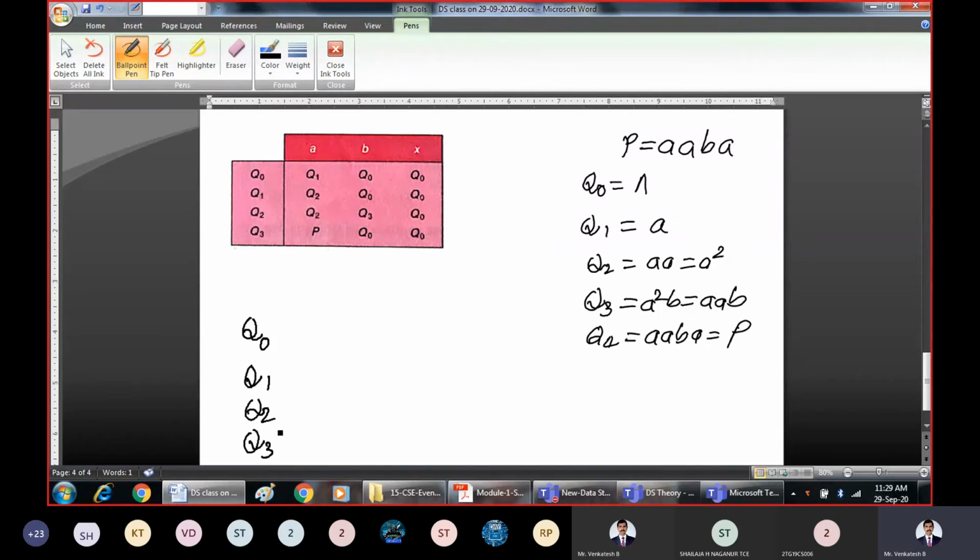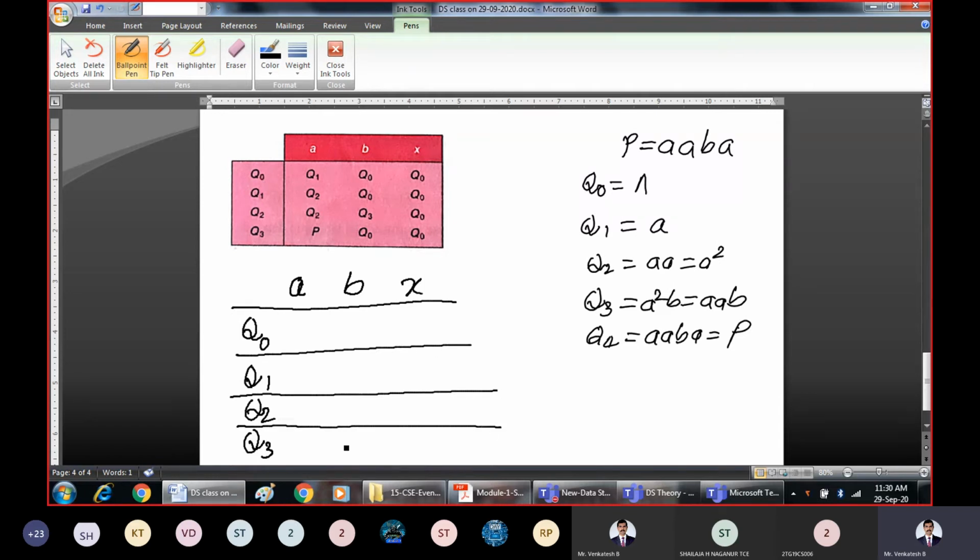These are the required states, and these are the pattern characters we find. I want either A, B or X, any other character. If you want better understanding of this table, we can write rows and columns and separate them in the form of a matrix. It will be easy for understanding.